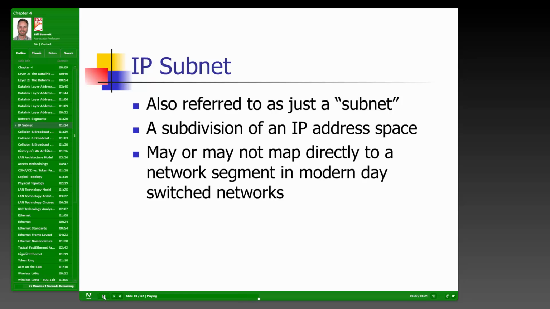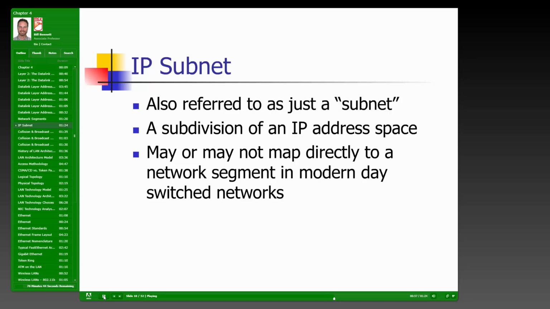So with the use of a switch in modern day networks, it's actually possible to create individual network segments without also having them correspond to an IP subnet. So there is a slight difference between an IP subnet and a segment.